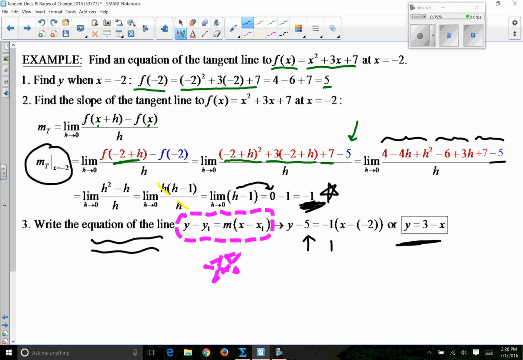The m is negative 1. We just got that in step 2. And the x1 is the x that was given in the question. And then this simplifies to y equals 3 minus x. Y equals 3 minus x is the tangent line to this parabola at x equals negative 2. Make sure you have all of this written down.